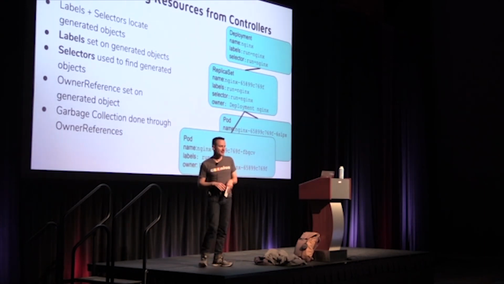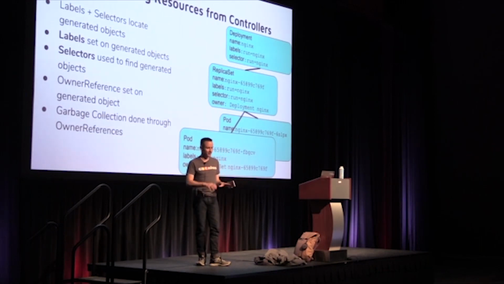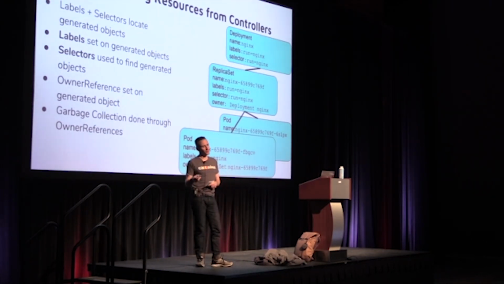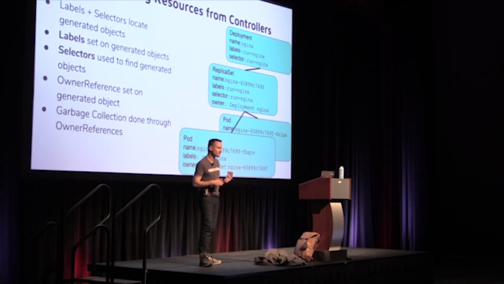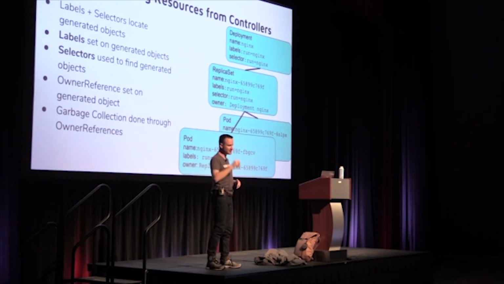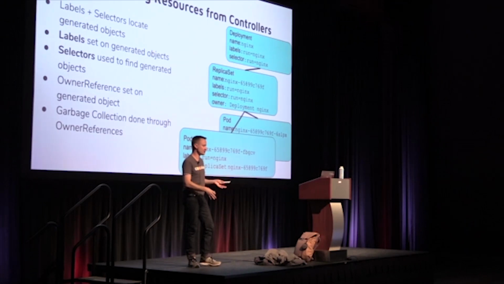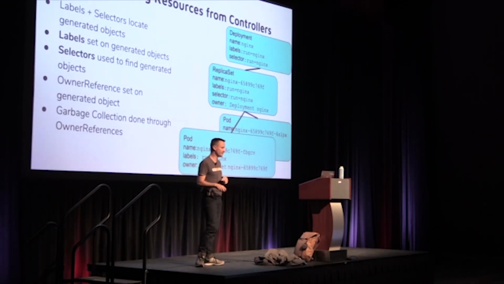OK, so now that we've talked a bit about the resources and how they're structured, and the controllers and how they work and their relationship, we're just going to dig into sort of the nitty-gritties of how that controller actually goes and generates those objects. So this is a diagram of a deployment and its relationship to a replica set it's created, and then its relationship to 2 pods it's created.